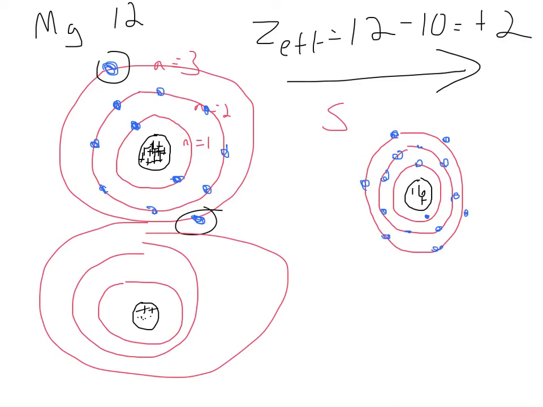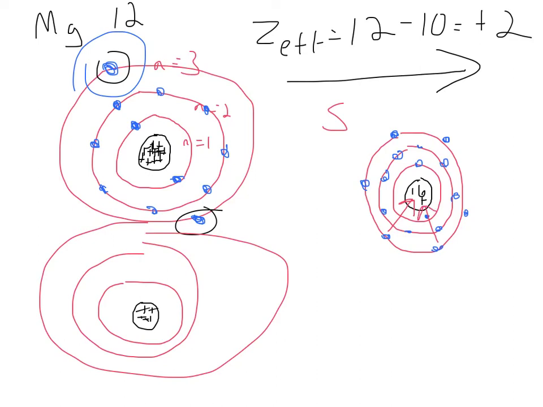In magnesium we only had 2 electrons in the outer shell, but in sulfur we have 4 more electrons in the valence shell. Each one of these is attracted more to this nucleus, and so it basically sucks everything in.